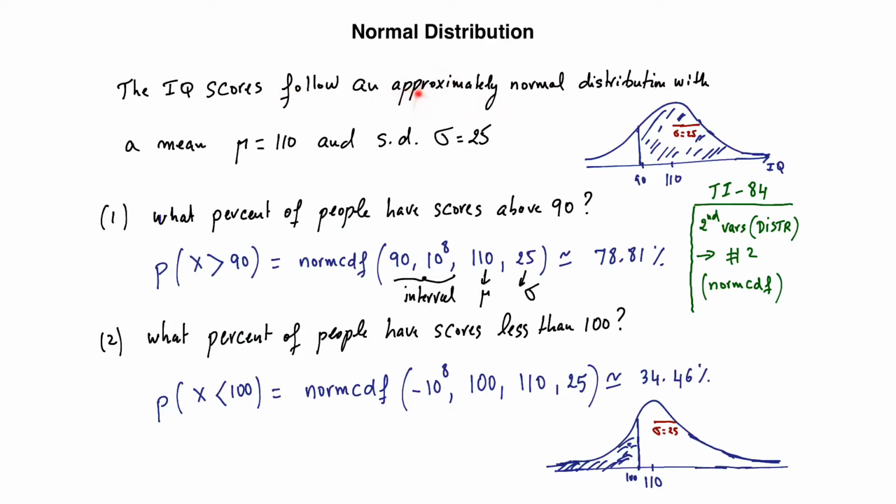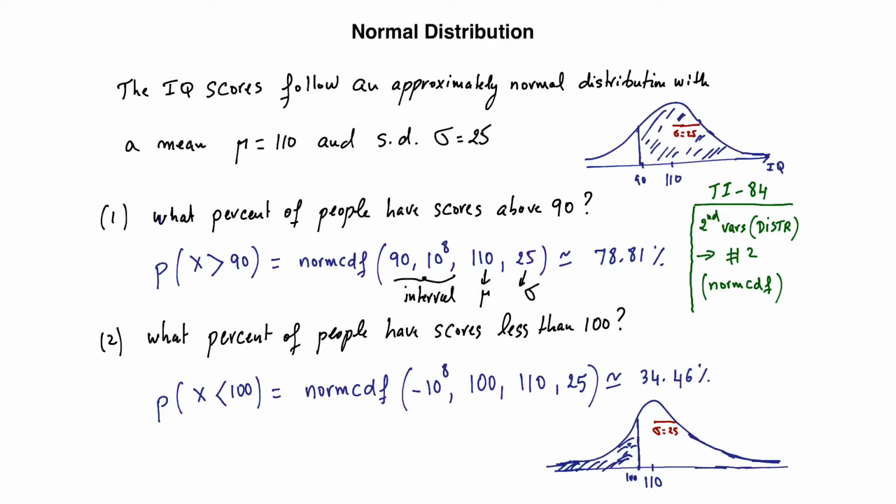I'm giving it to you. You don't have to test it. We don't know how to test it yet anyway. And I'm giving you the mean. So on average, people have 110 points on their IQ score with a standard deviation of 25. So just based on the previous conversation, I gave you your two parameters. And if you know these two parameters, you can answer any question you want, okay?